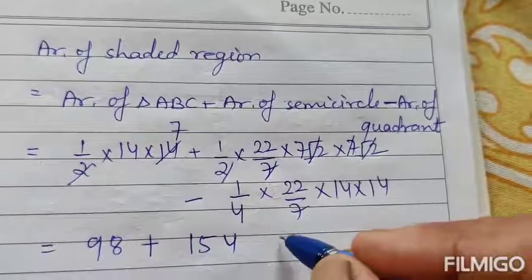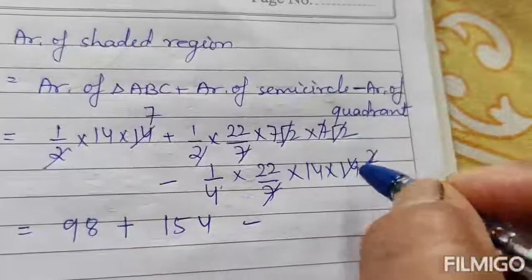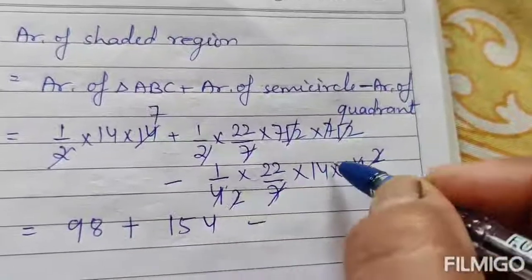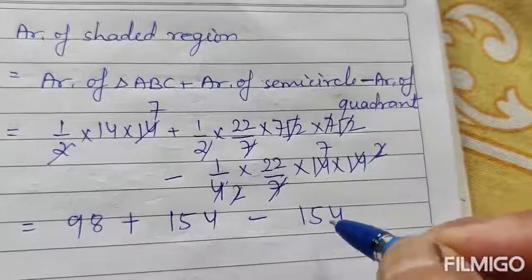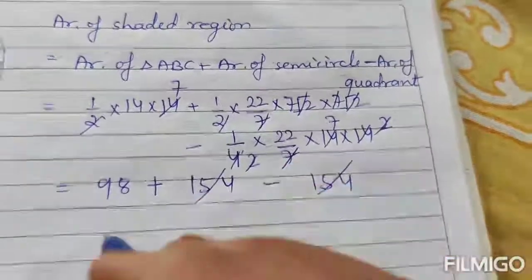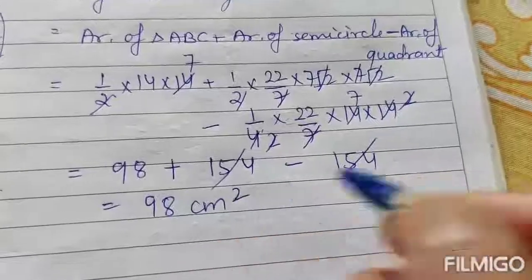Plus, minus, 7 2 is 14, 2 2 is 4, then 2 7 is 14. 154 cancel, 98 centimeter square.